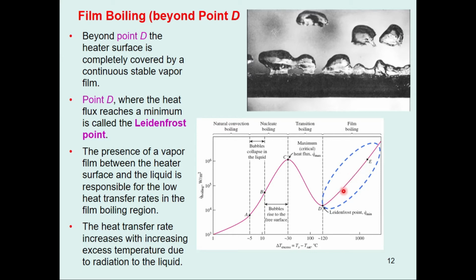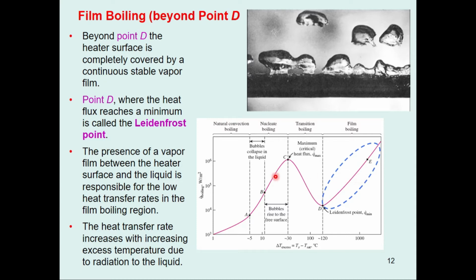We have studied that in this region the heat flux decreases because of the formation of the vapor film on the heating surface. So that's why the flux to the boiling liquid decreases. So in this region, why is this flux increasing? This is because of the radiation heat transfer.